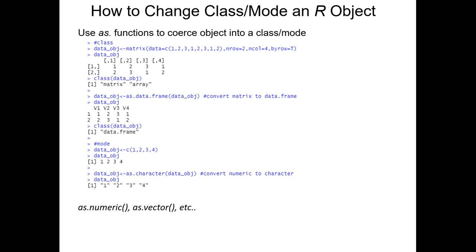In the second example, I take that matrix and, using an as dot function, you see the as dot followed by the name of, in this case, data dot frame. That will convert that numeric matrix into a data frame.